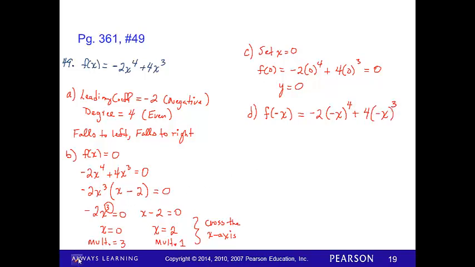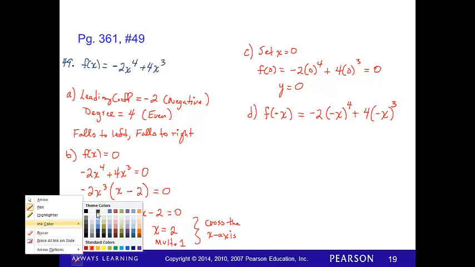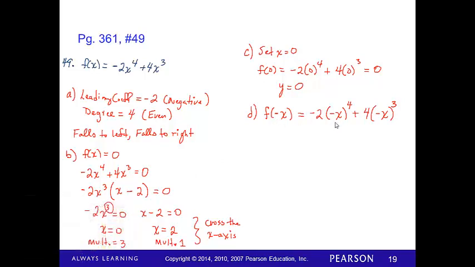Everywhere you see an x, now you're making a negative x. So negative x to the 4th, well, because that's the 4th power and it's even, this negative means nothing. So this is still negative 2x to the 4th power. But because this is odd and there's a negative on the inside, that actually comes out. So we have minus x to the 3rd power.